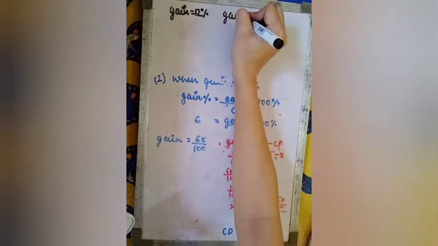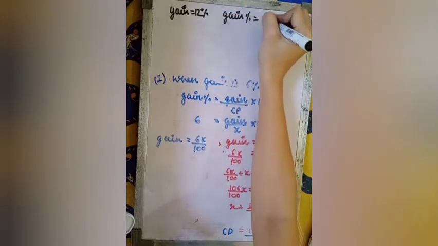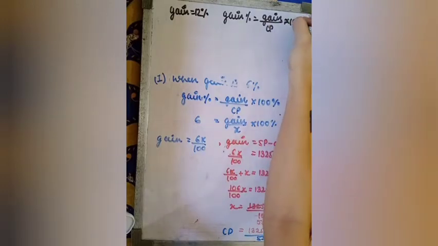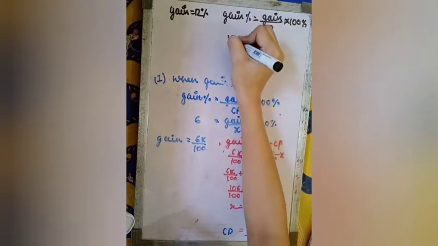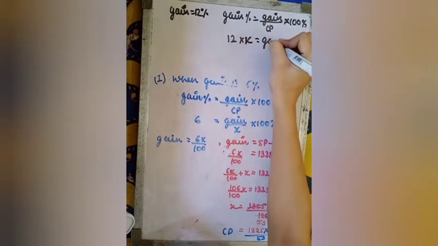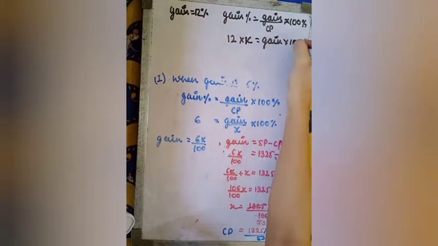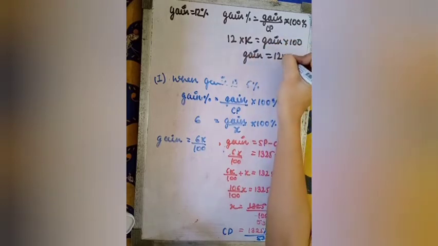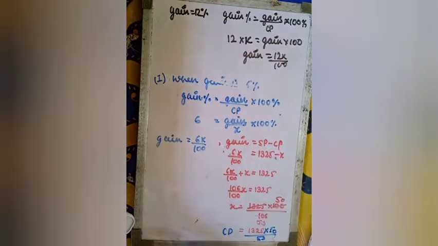Gain percent equals gain upon CP into 100%. It is 12 into x, gain, into 100. So the gain is now 12x upon 100.